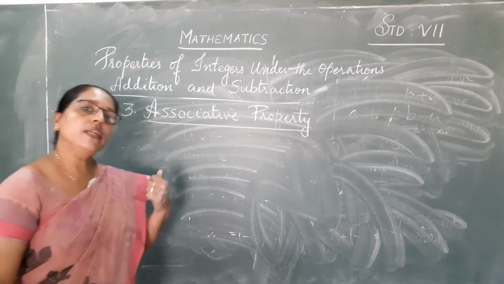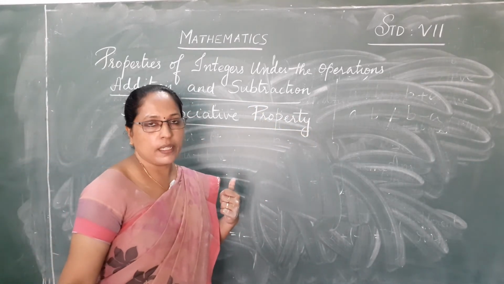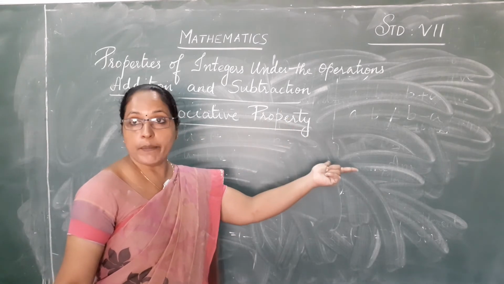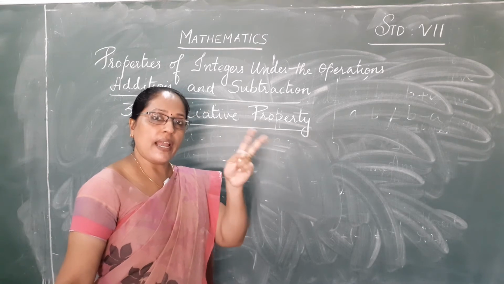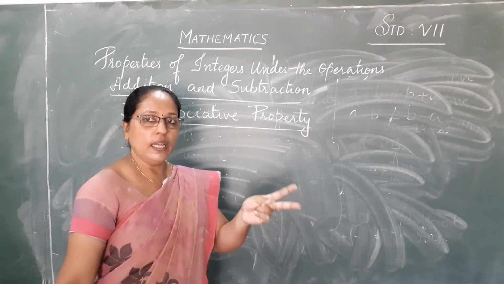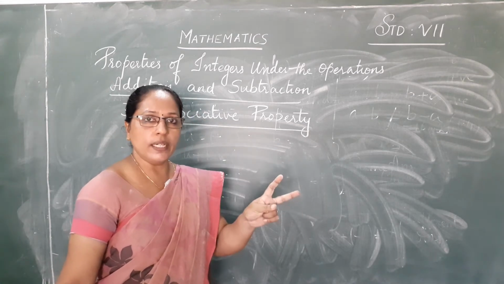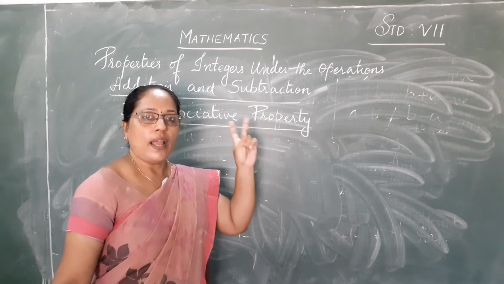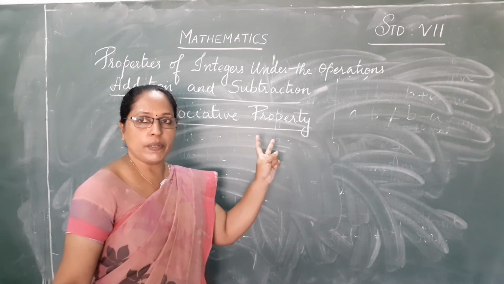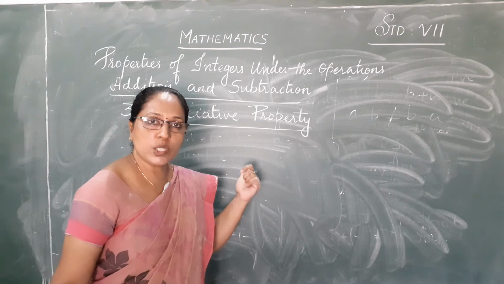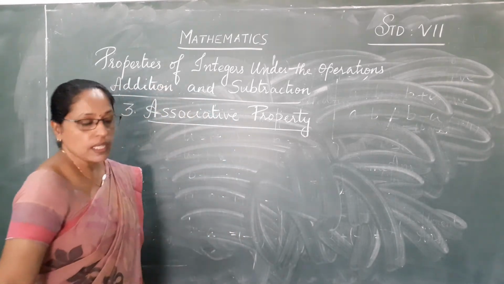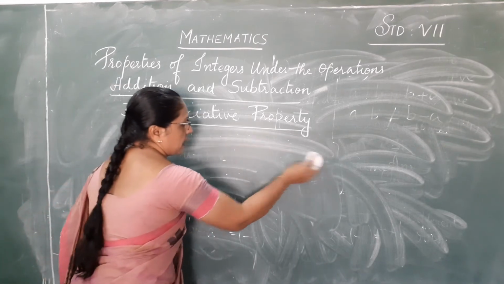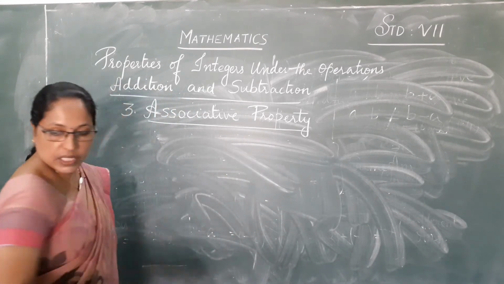Okay, what is associative property? Already we have seen commutative property. There we took two integers and added in any order and subtracted in any order, and we could see that addition is true for commutative property of integers, but subtraction is not true. Just like that, instead of two integers, we need to take three integers.